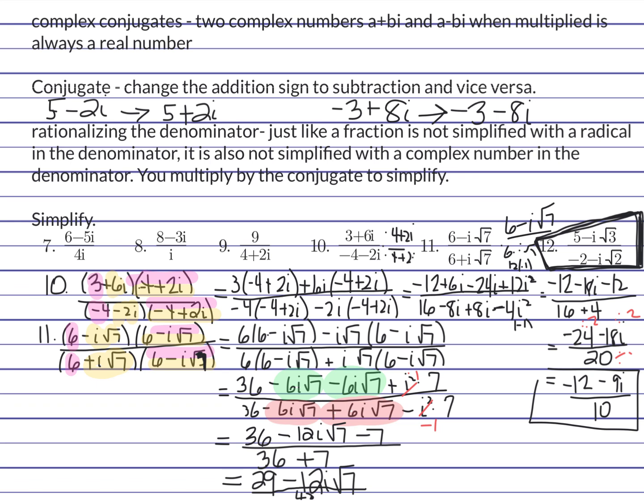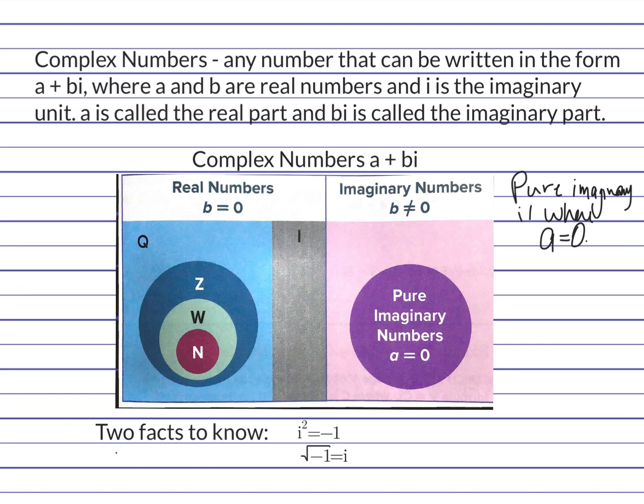And I want to go back to one of the slides before, so here it is. I want to just talk quickly about what all those letters stand for in the blue. So this Q stands for rational numbers. If you see the letter Q, that means the set of rational numbers.